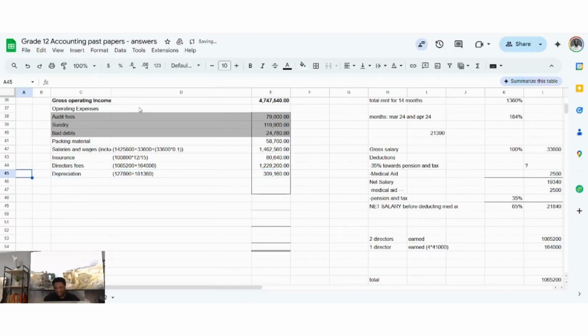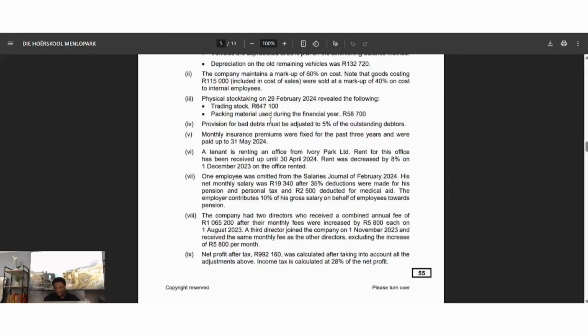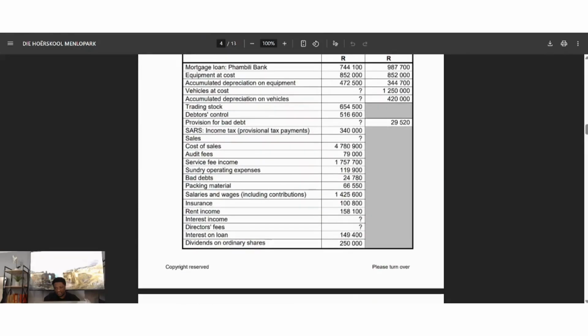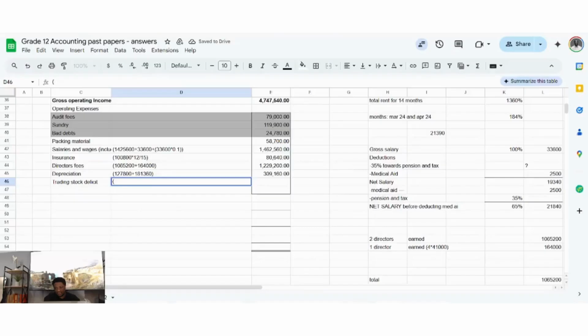Okay, cool. And then the other expense is going to be the trading stock deficit. So that trading stock deficit is, well, we're going to look at how much we got in the list of balances, which would be 654,500.